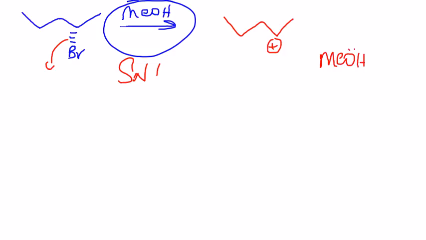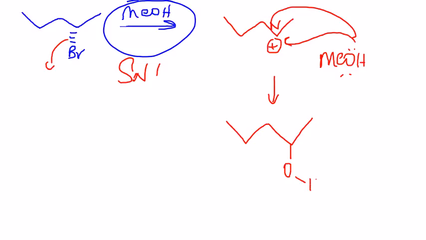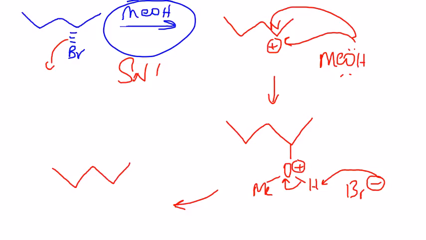MeOH, methanol with the lone pair, can attack top or bottom, and so you're going to end up with the protonated methanol. The Br is going to come in, pick up the proton, relieve the charge, and that's your product.